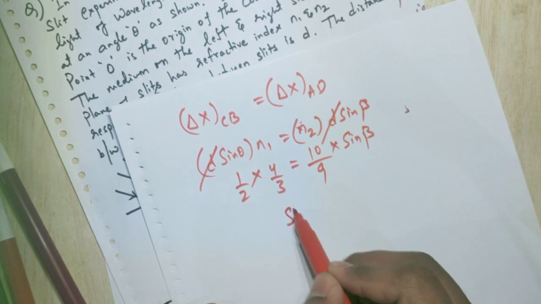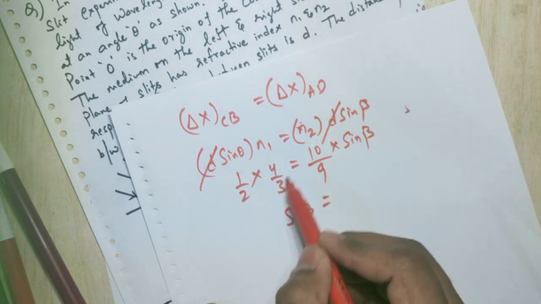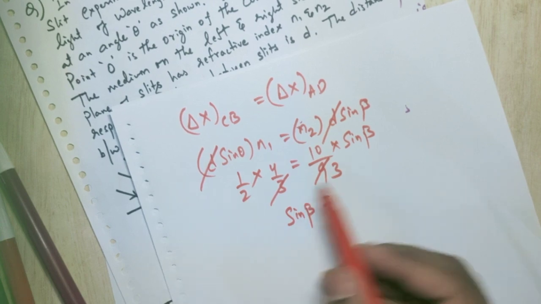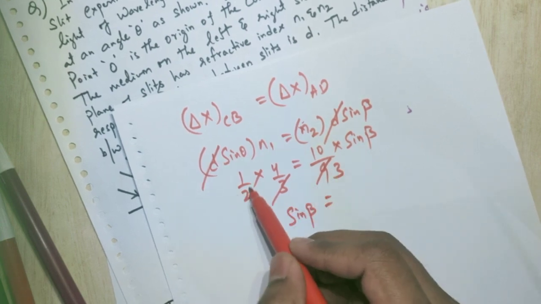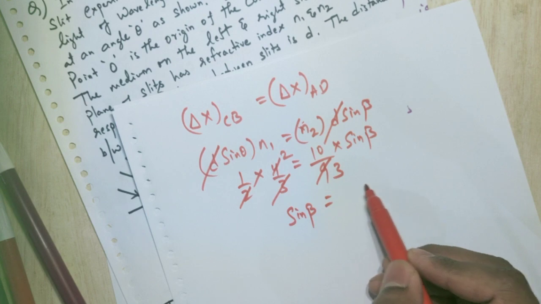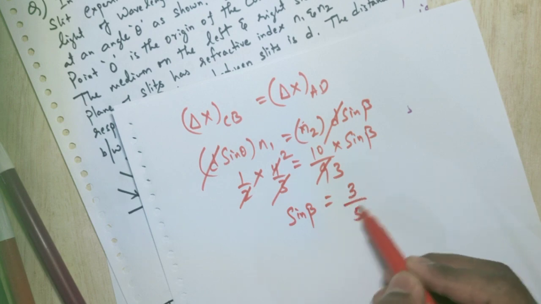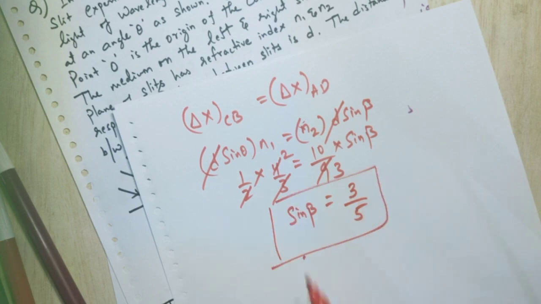So sine beta is equal to, this 3 cancels here. So how much are we left with? It will be 3 by 5. This is sine beta.